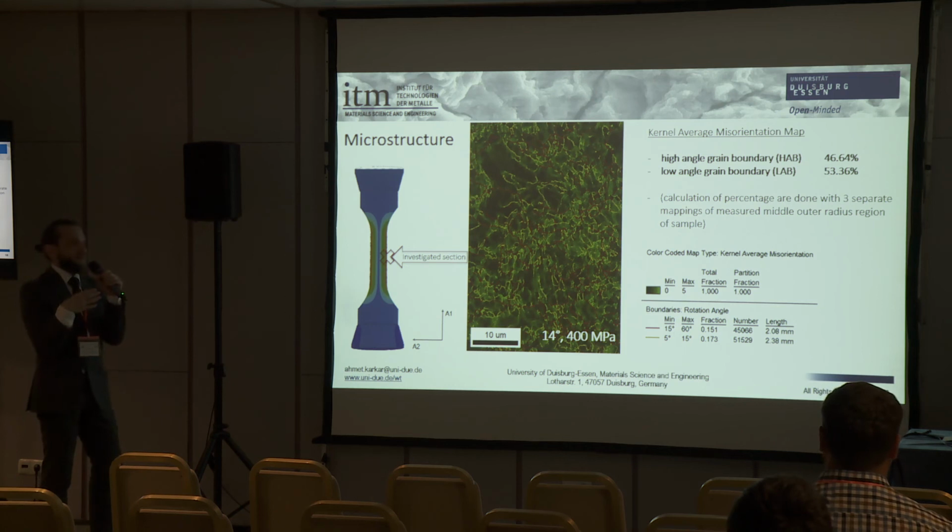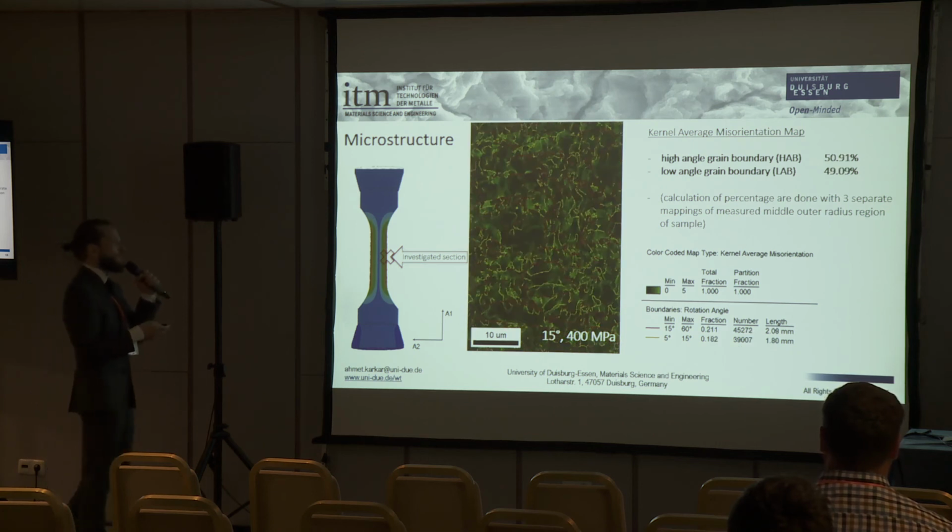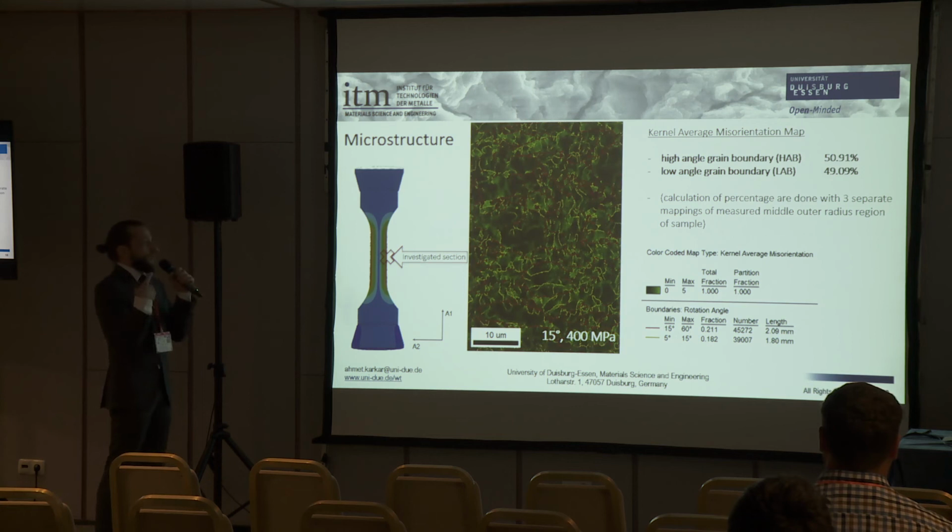This means that here we can assume a high dislocation density. When we look at the KAM mapping of the sample with higher torsional angle, we can see that the amount of low angle boundary decreases, and that the amount of high angle boundary increases up to 4%.